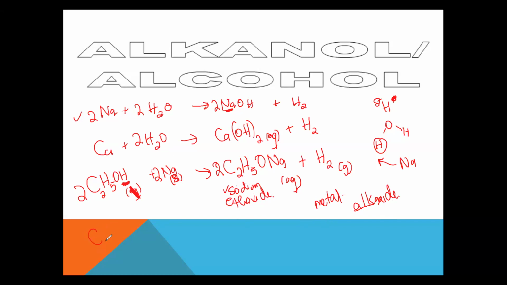Now, we replace the H here with a divalent cation. So just like this, we're going to need 2 OH, so we're going to need 2 ethoxide. We bracket the ethoxide, put a 2 there, and put the Ca, and we also form hydrogen gas.